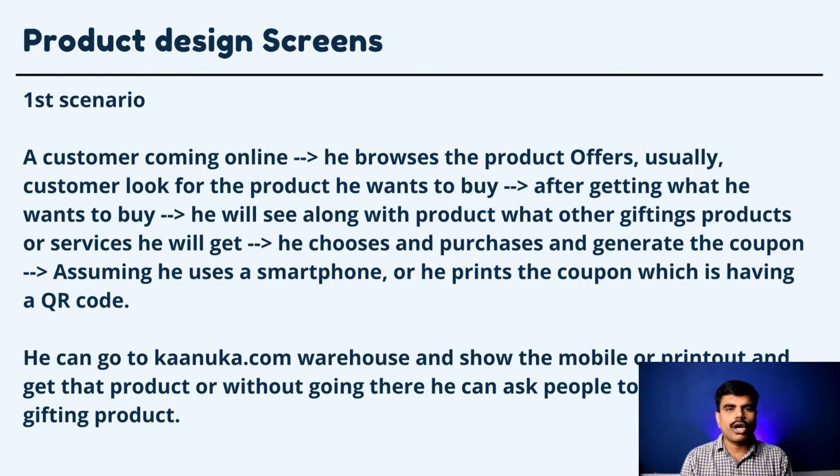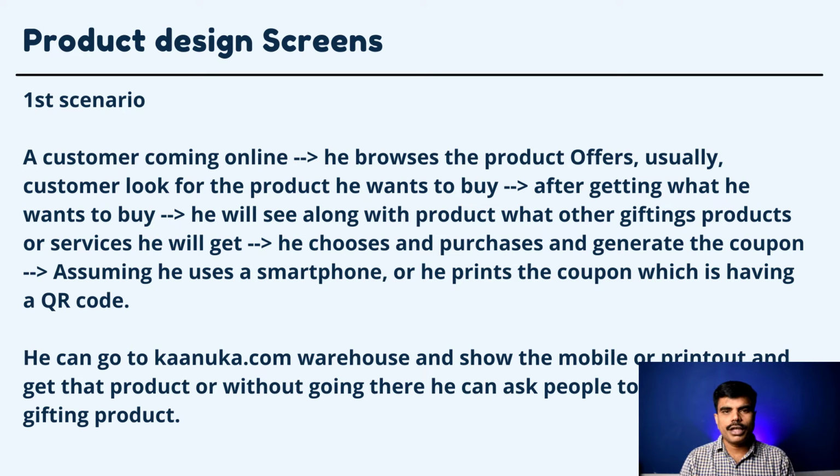So once he comes to the online, as I told, the retailer will create the campaigns, so those campaigns will be available in the discovery platform for the customers. Usually when the customer comes, he doesn't look at what free item they are going to get, he will look at what product he wants.